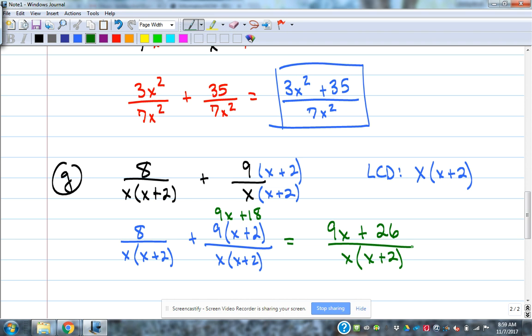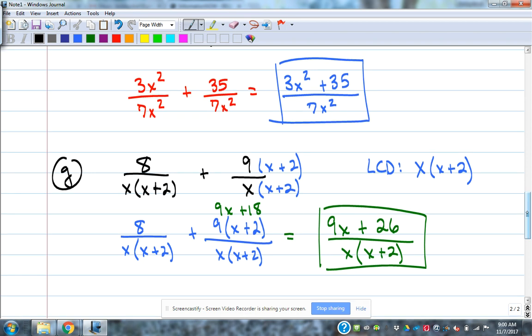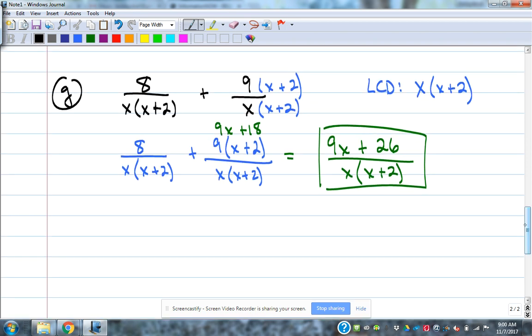And then you look to see if you can simplify that. Do 9x and 26 have anything in common? No. If that won't factor, then that means I can't simplify. Sometimes even if it does factor, we can't simplify, but we've got to look for that. Okay? Let's look at another one.